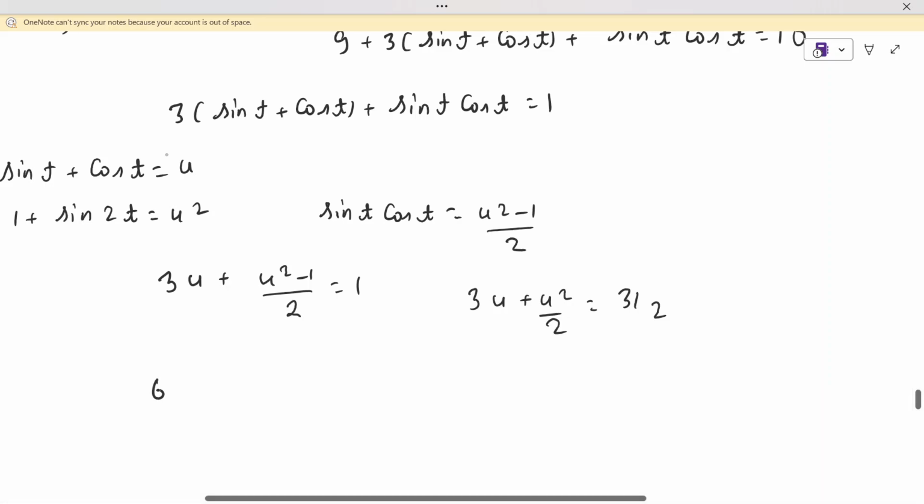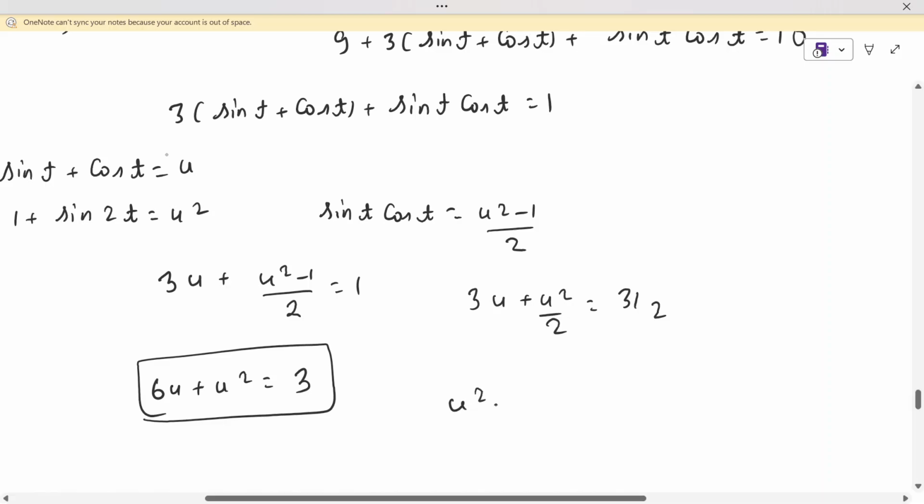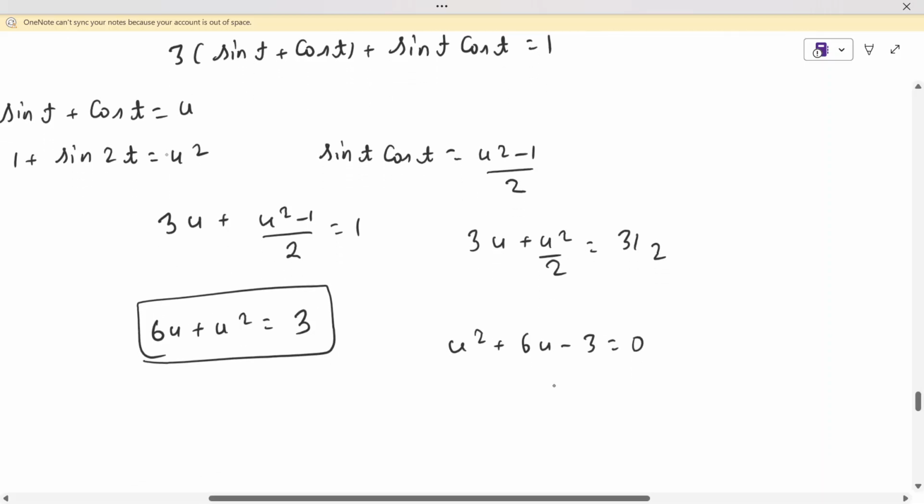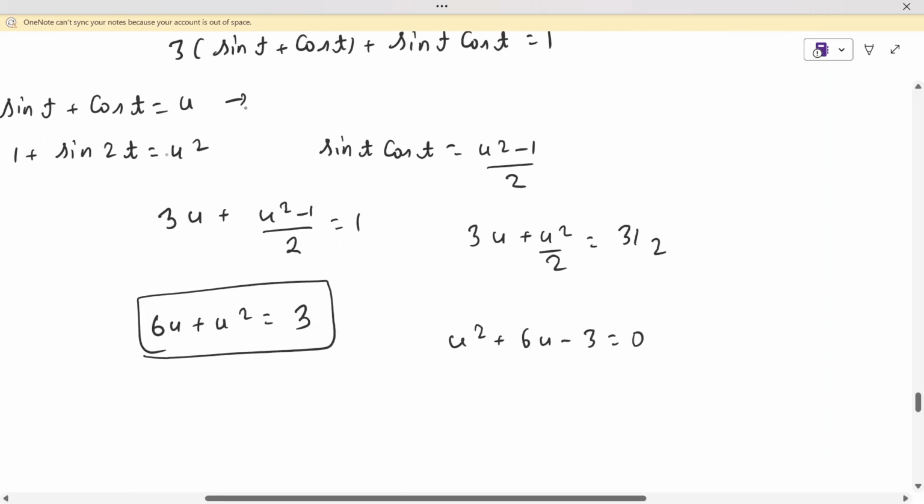So 6 plus 6u plus u squared should be equal to 3. Clear? So I have u squared plus 6u minus 3 equal to 0. So I can easily see u belongs to the interval minus root 2 to root 2, because it is sin t plus cos t, so that value I have to accept in that interval.